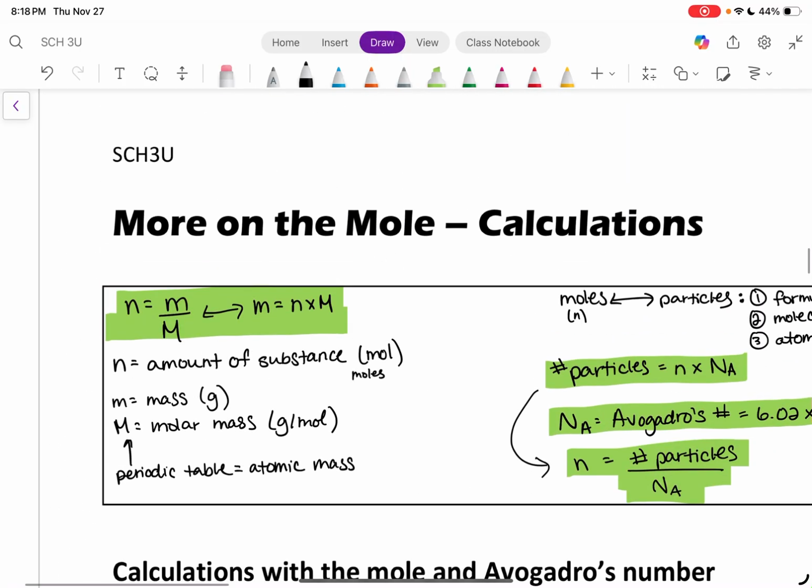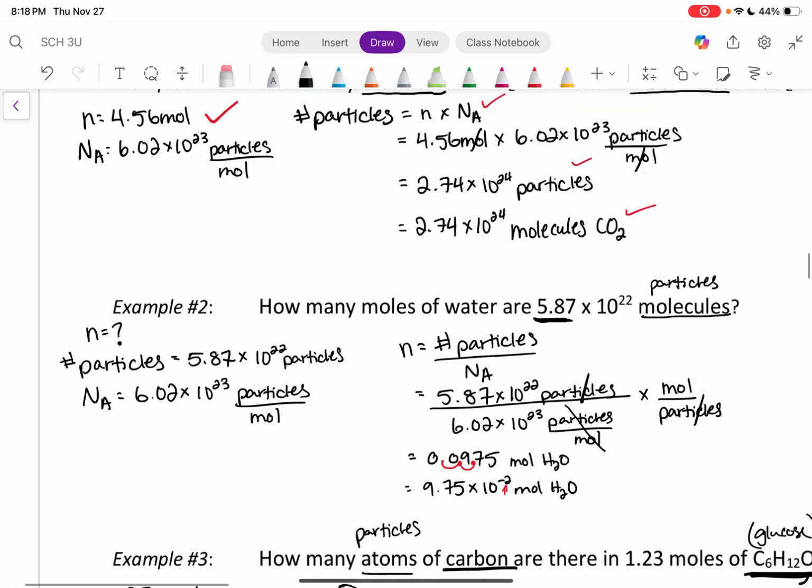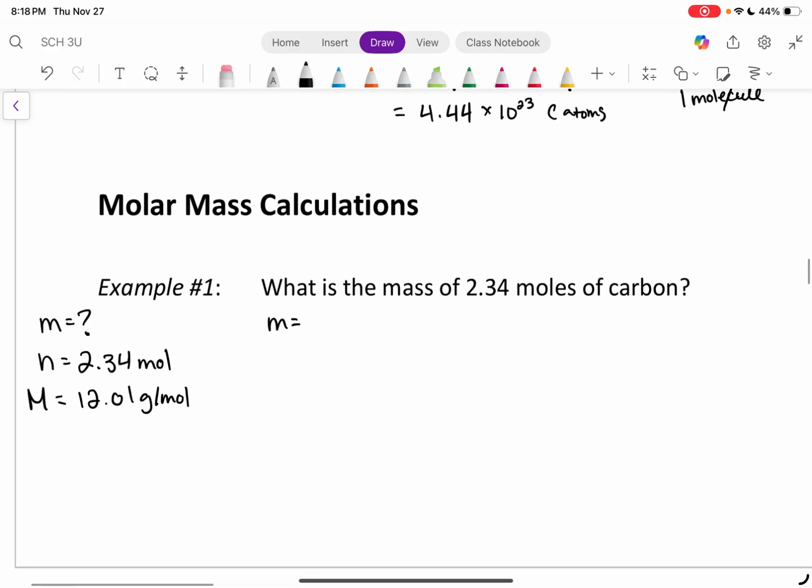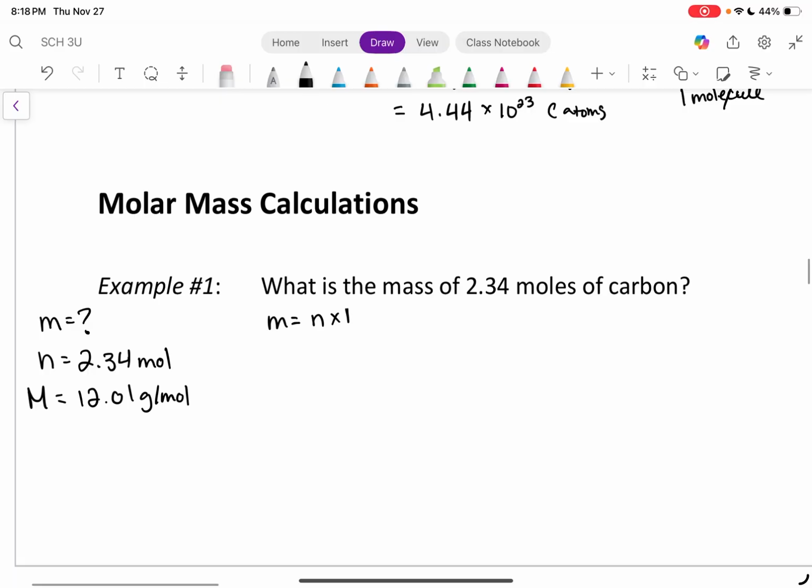Now I can solve for mass. Remember that when you rearrange this equation, mass equals little n times big M. So I have 2.34 moles times 12.01 grams per mole.